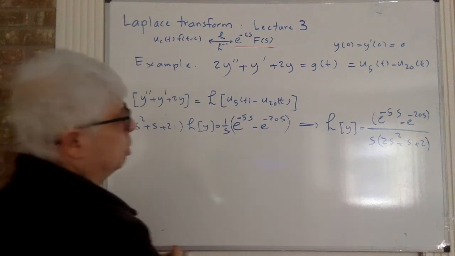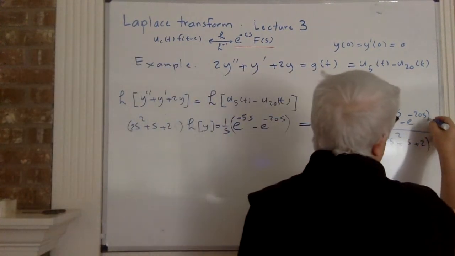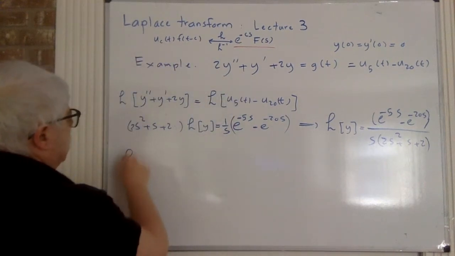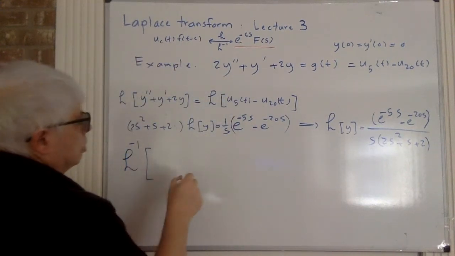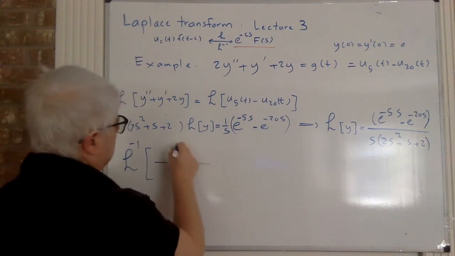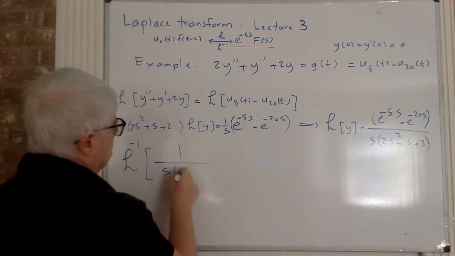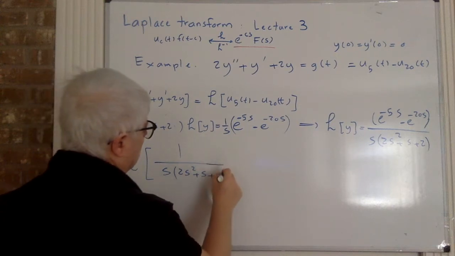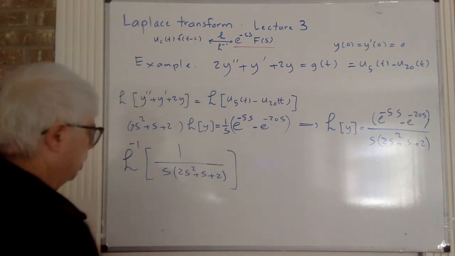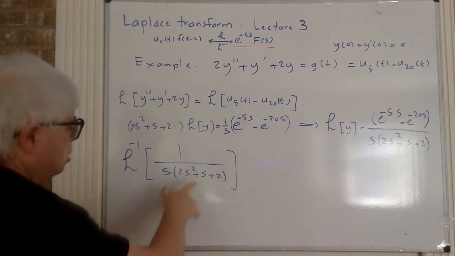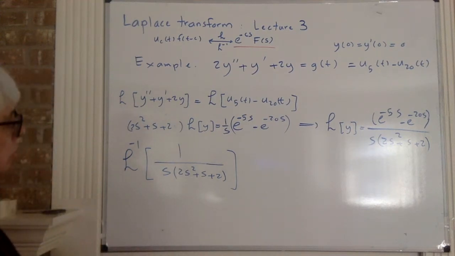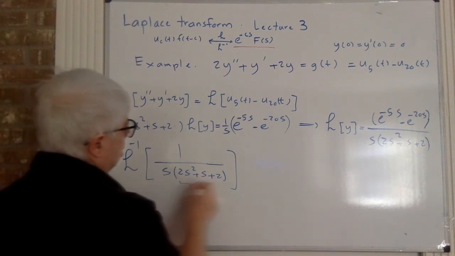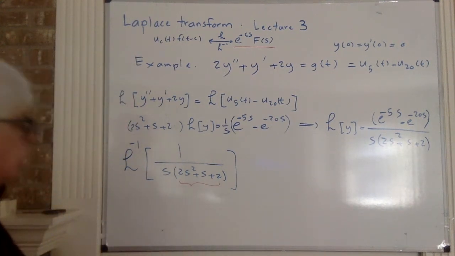So let's just leave this out of the picture for the moment and find L inverse of 1 over s times (s squared plus s plus 2). Now let's see, is this irreducible? How do you find out? It's very simple.